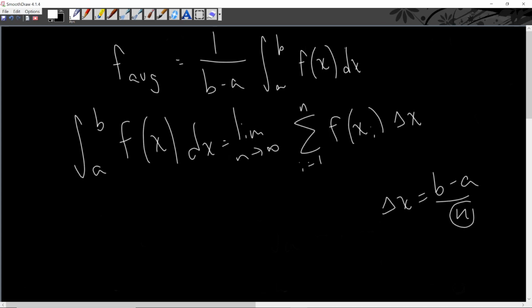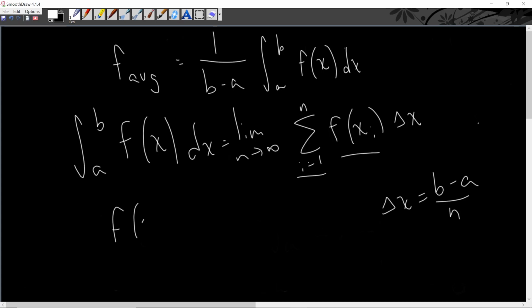Now, xi increments at some value. We start at i equals 1, but we don't actually know where i is going. It can be any x value possible. But if we were to try and find the average value of f of xi, we're just going to have to add everything.